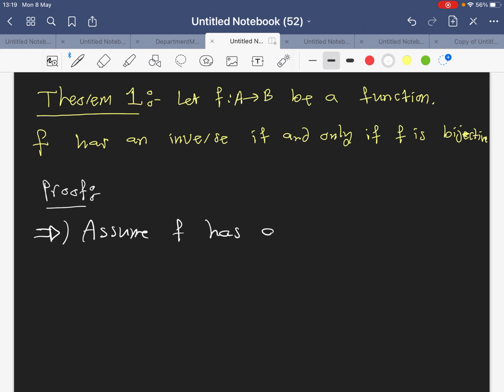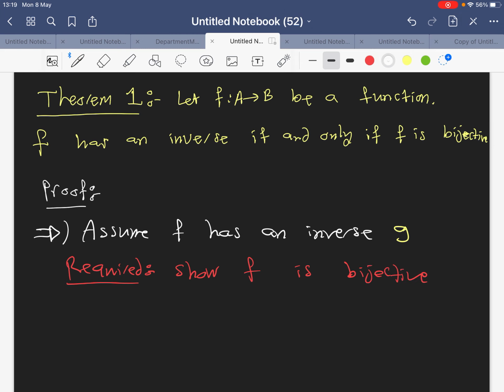So we'll assume f has an inverse. I will call it for now g. And the required is to show f is bijective.